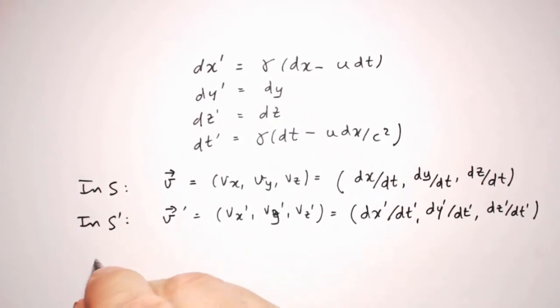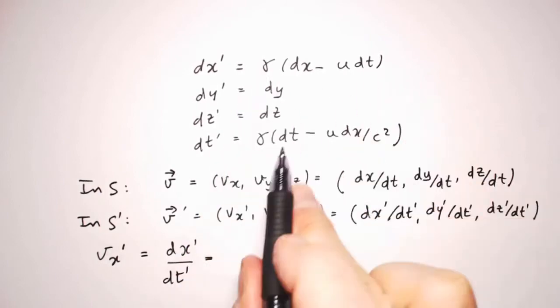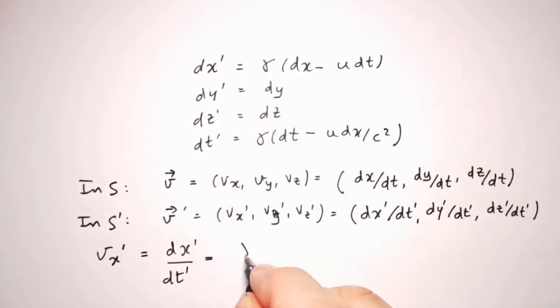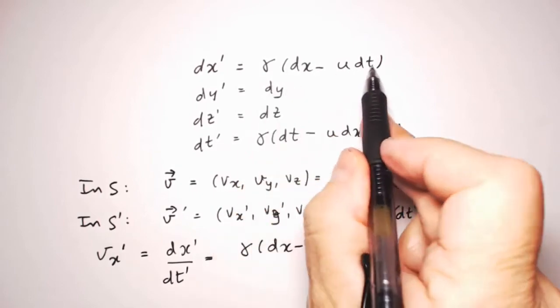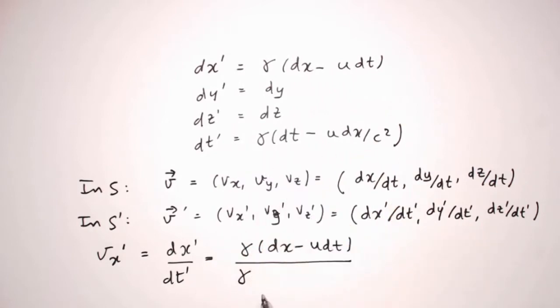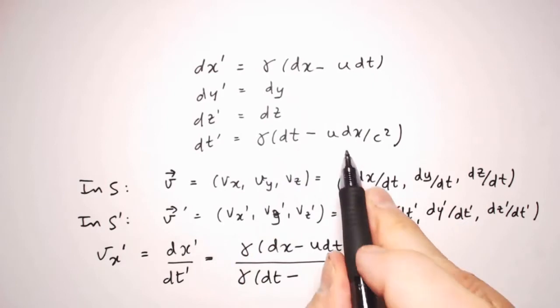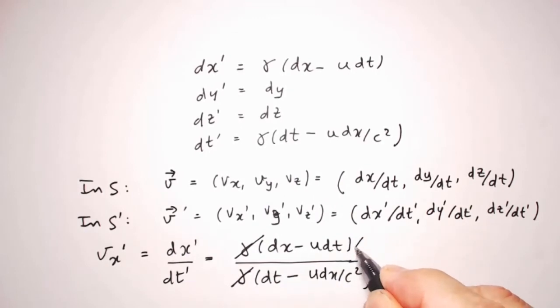So let's start with vx prime. vx prime is equal to dx prime divided by dt prime. We use gamma (dx minus u dt) for dx prime, and we divide by dt prime, which is gamma (dt minus u dx divided by c squared). So we can divide through by gamma top and bottom, and then divide by dt top and bottom as well. What does that give us?